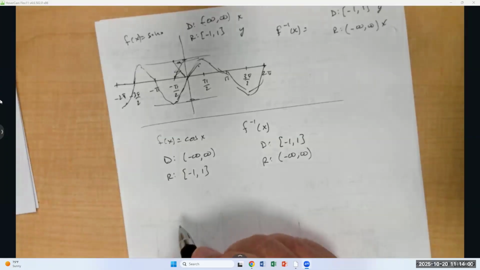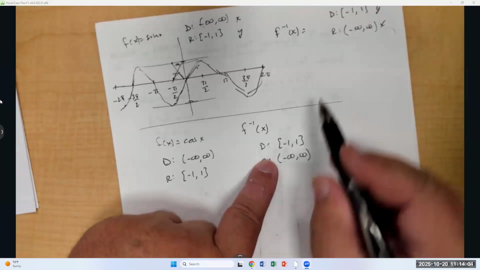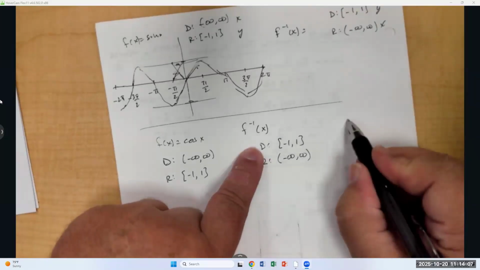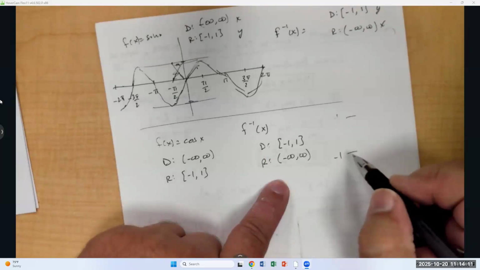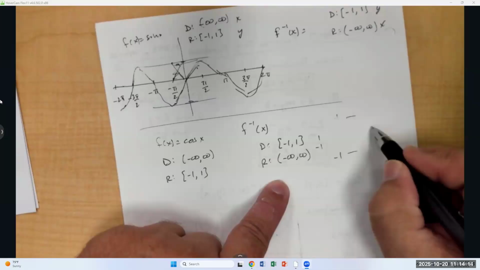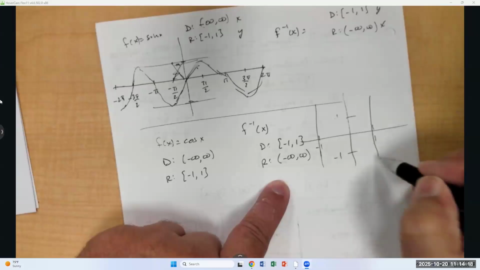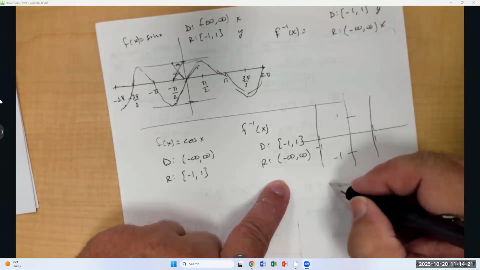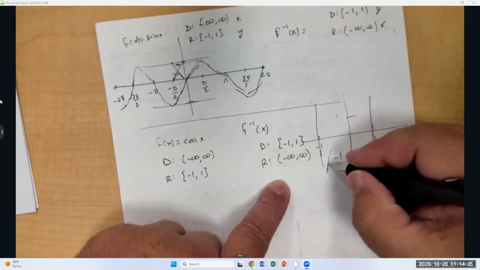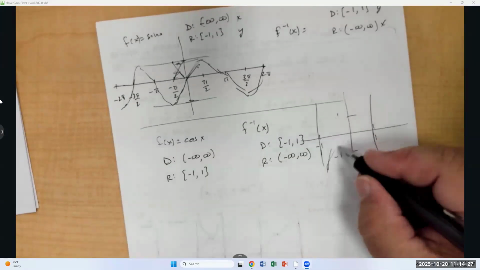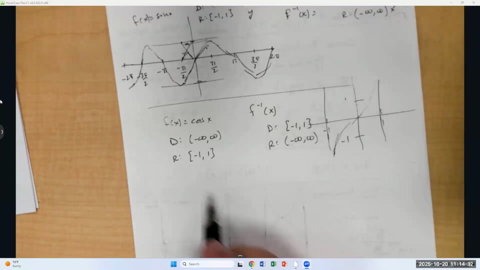All right, so of course our domain now for the inverse function can only go from -1 to +1. This is the y, this is the x. So it's stuck between here, and it goes on forever. The shift.